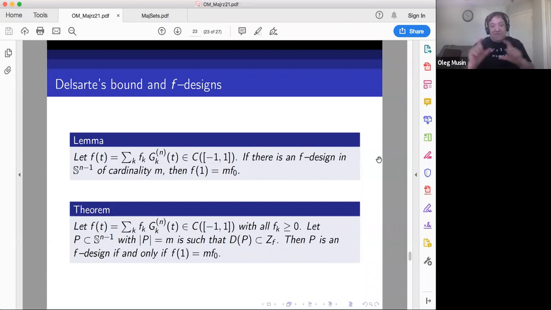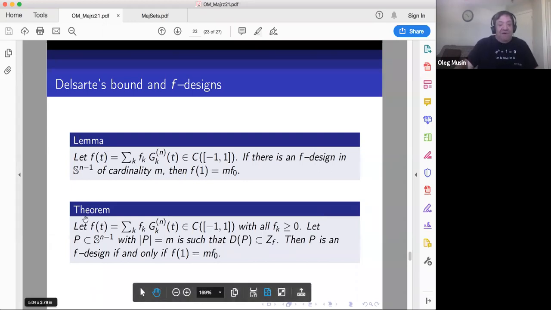f naught is the coefficient. These two assumptions immediately imply this equality. That's exactly what we have in the Delsarte bound. Pay attention that here we do not assume that fk is positive. It can be non-negative.